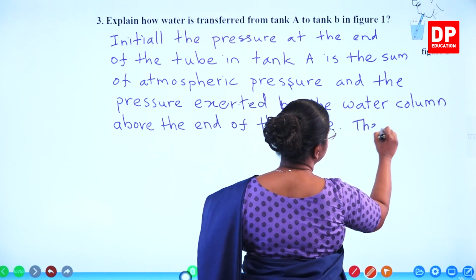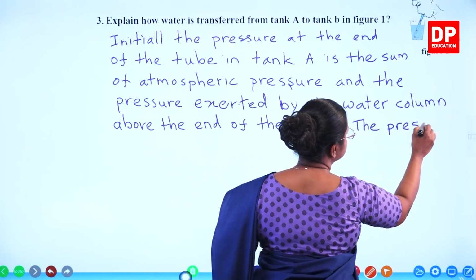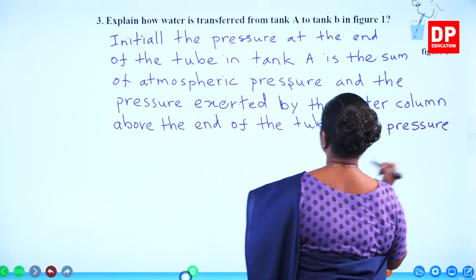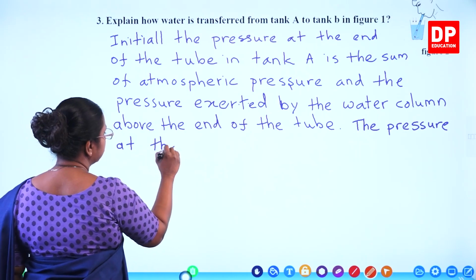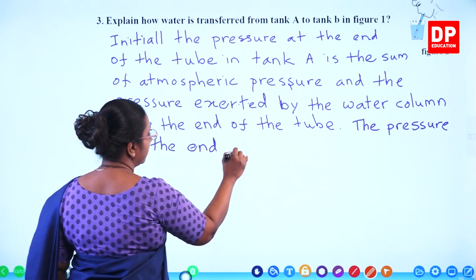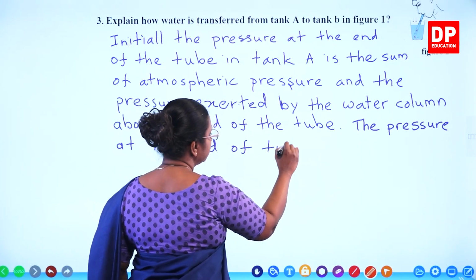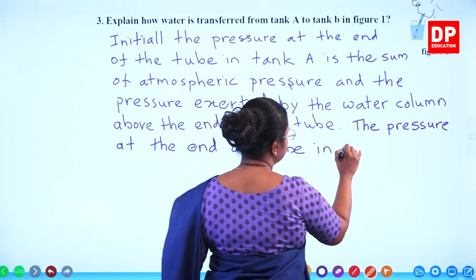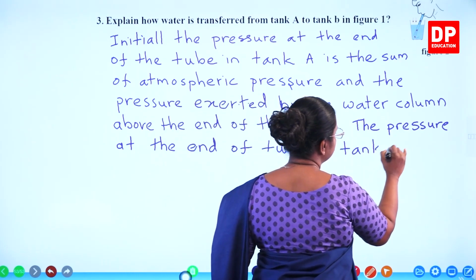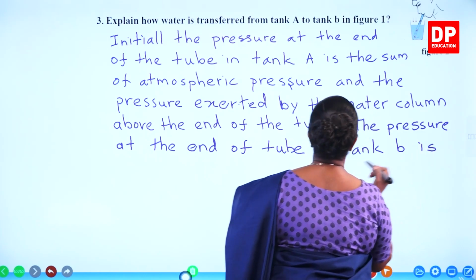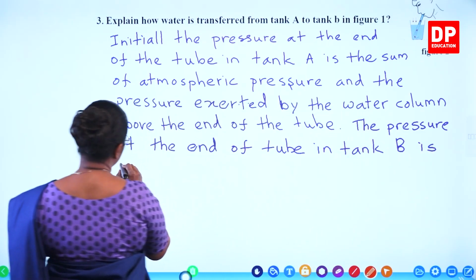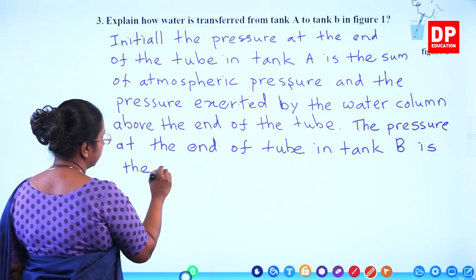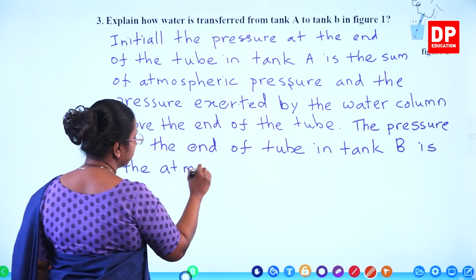The pressure at the end of the tube in tank B is the atmospheric pressure.